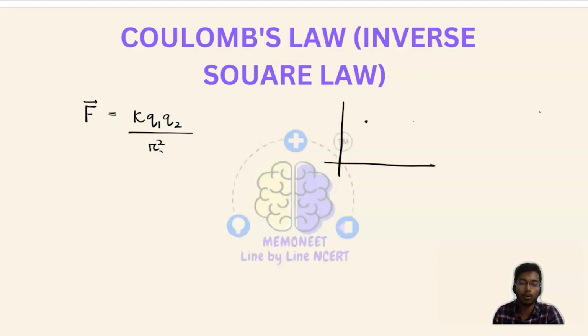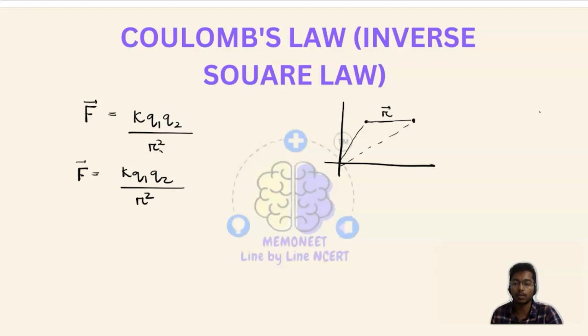Here we have one charge and here another charge, and the force is acting in this direction, and here it is the R vector. If we write in vector form, F vector = K Q1 Q2 upon R square into R cap. This will specify the direction.